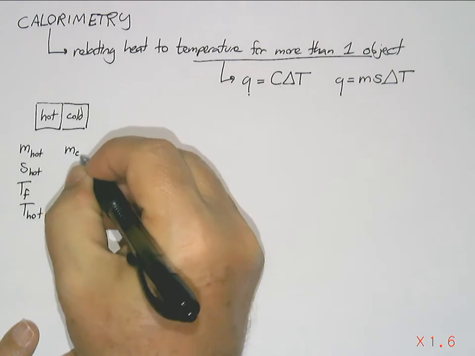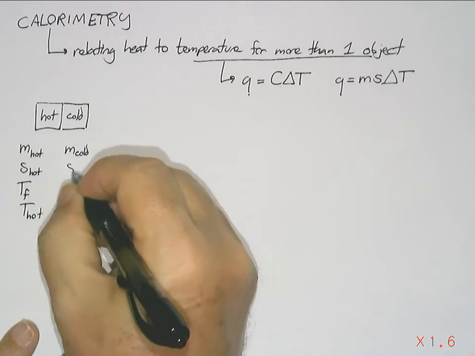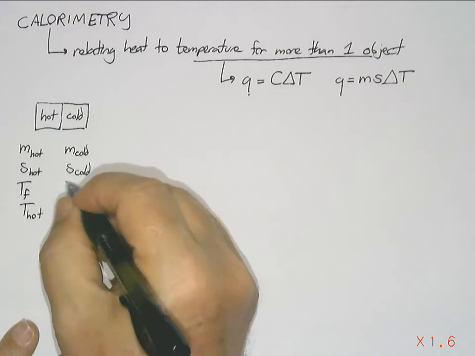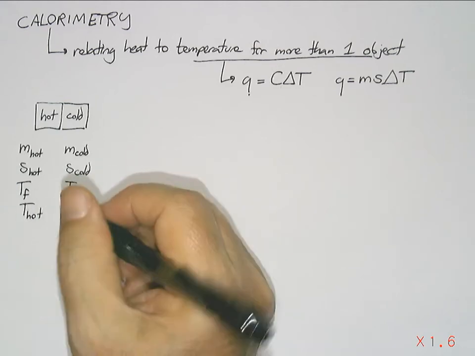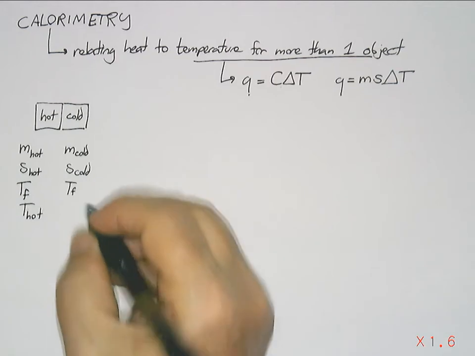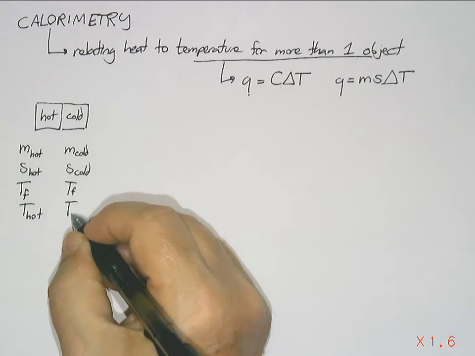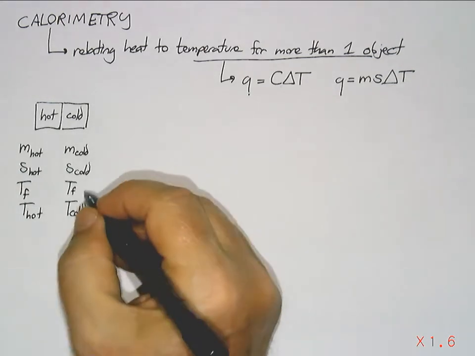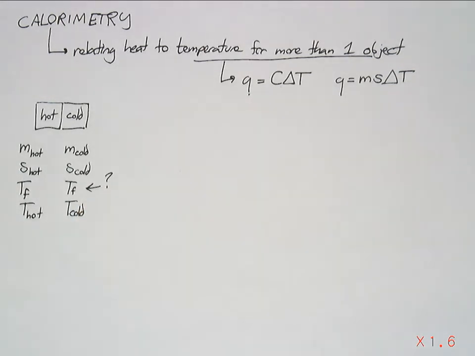The mass of the cold object is here. The specific heat of the cold object is here. The final temperature is the same for both objects. They'll come to the same temperature, but the initial temperatures were different. So here's my problem. Find T_F.